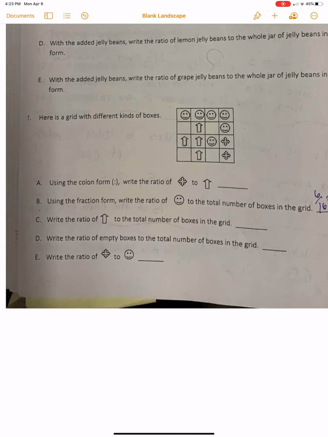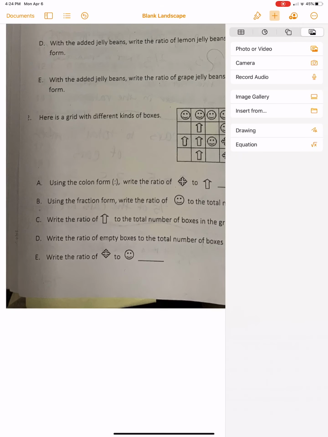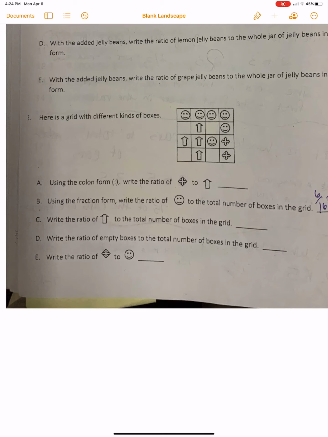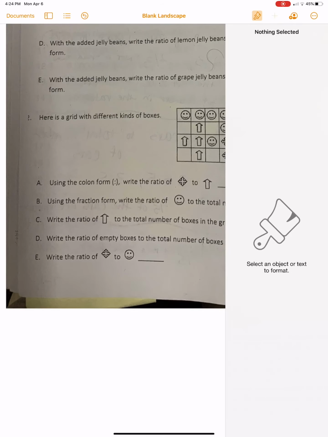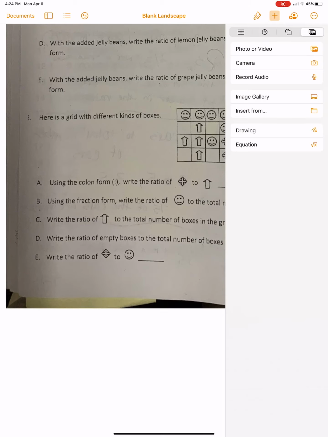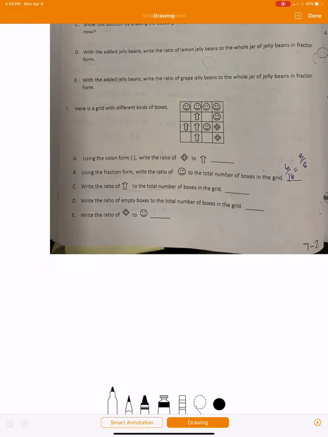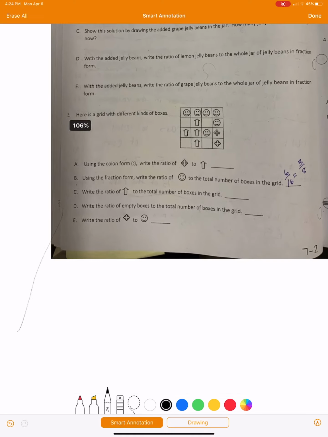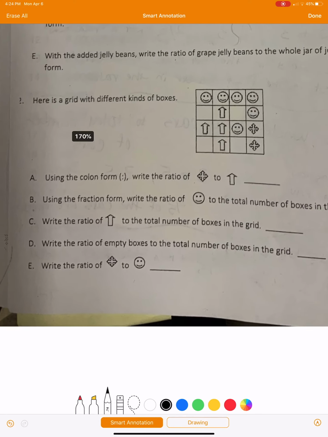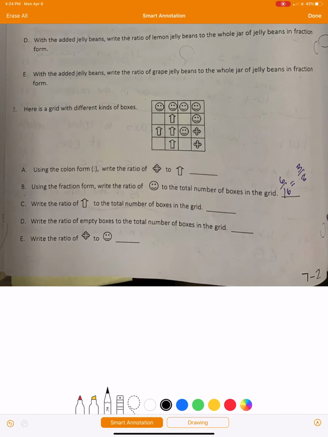Here's the grid with the different kinds of boxes. A couple of things are worthwhile to talk about here. Let's count how many boxes across.